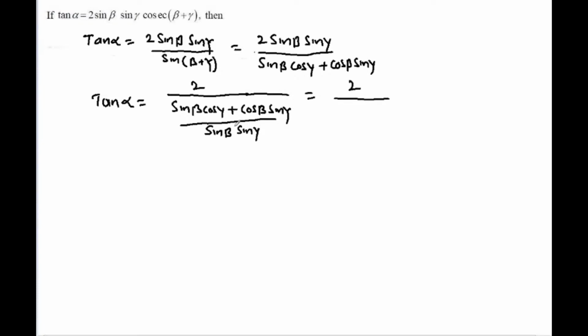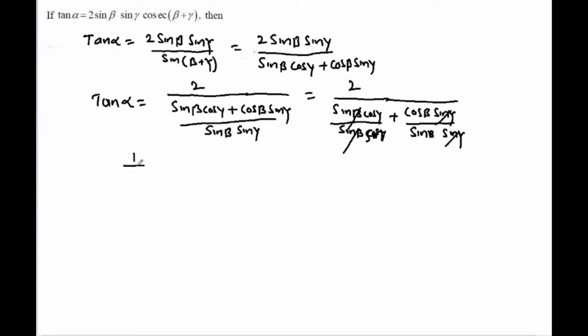Take the reciprocal and split it into partial fractions: sin beta cos gamma by sin beta sin gamma plus cos beta sin gamma by sin beta sin gamma. Here sin beta cancels and sin gamma cancels. Therefore 1 by tan alpha, that is cot alpha, is equal to 1 by 2 into cos gamma by sin gamma, that is cot gamma, plus cos beta by sin beta, that is cot beta.